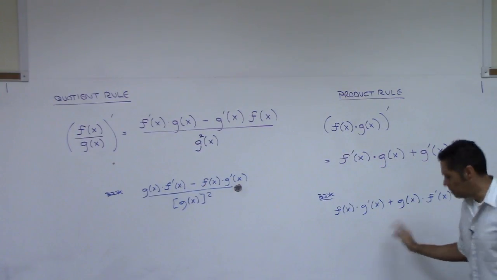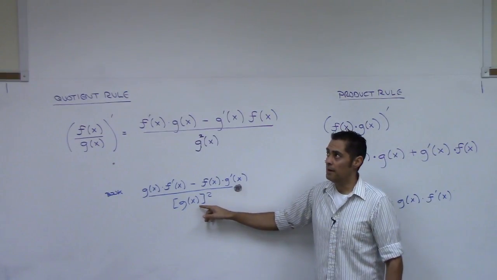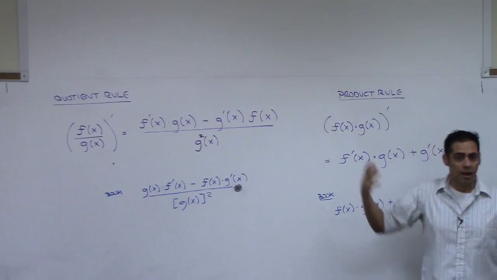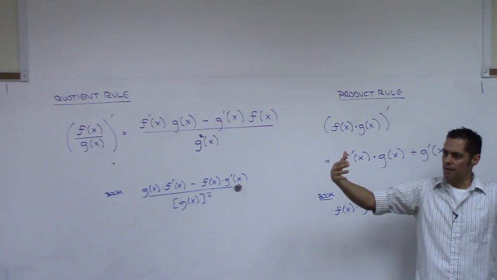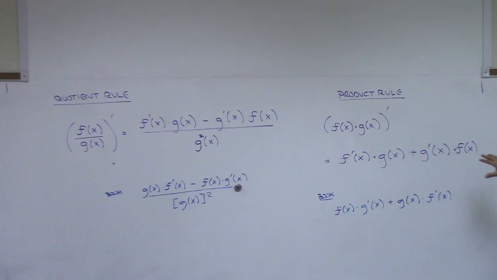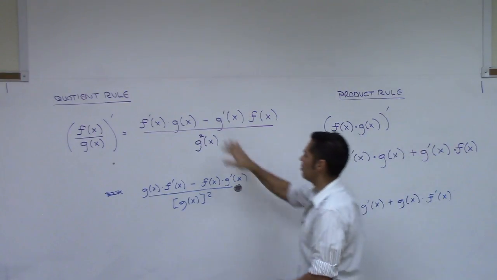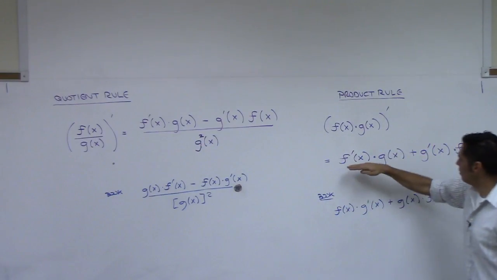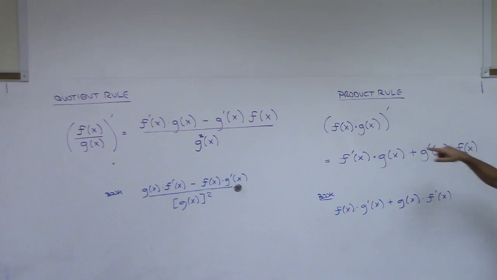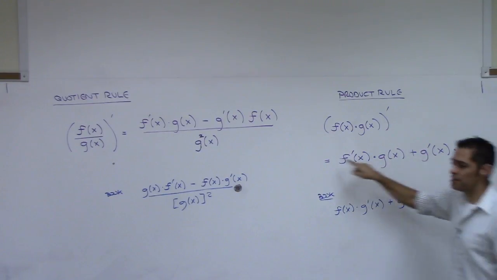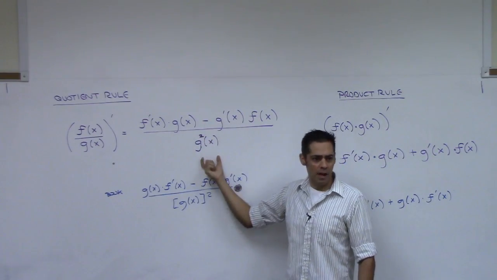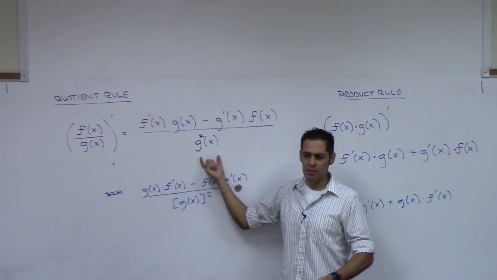And then divide by g squared, you have to remember that. And to me, that was a little bit like, okay, two different formulas I have to learn, right? But the way I presented it here, these are the same formulas. I've just rearranged them. If you look at it, see the product rule here? Do you see that in the quotient rule? The only difference between these two formulas is a subtraction sign and then divide by g squared. That's the only difference between the two.